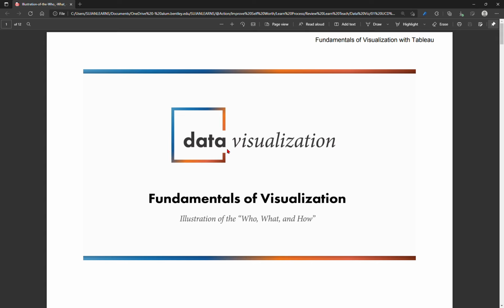In the last session, we discussed the importance of knowing the context of the data, and because of that, we didn't even talk about visualization. In this session, we won't be talking about visualization either.